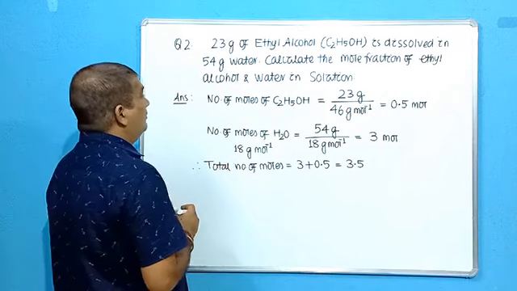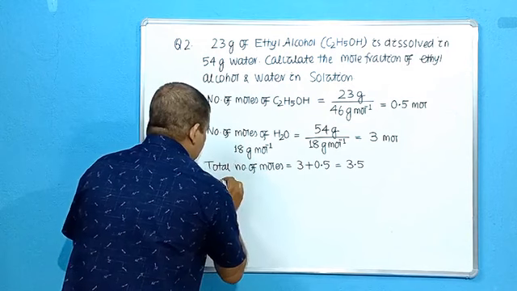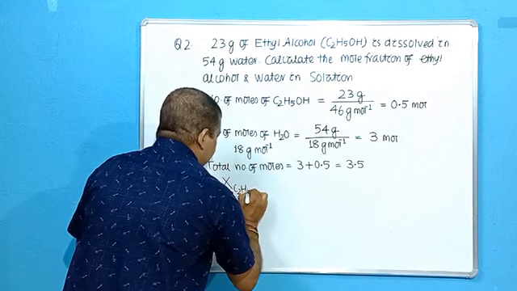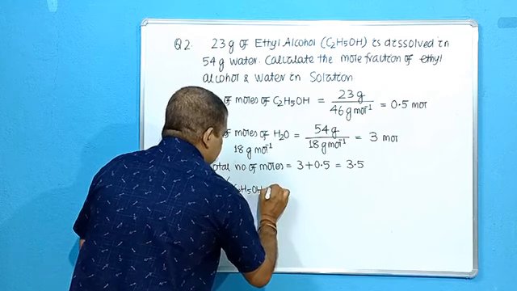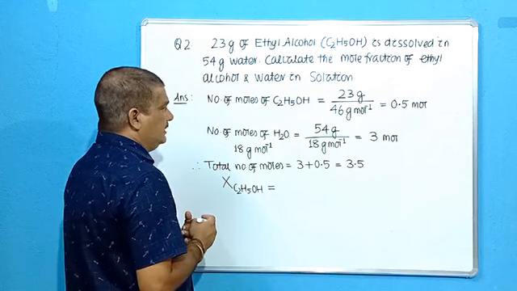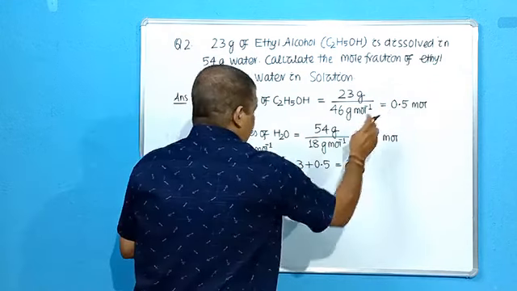Then we will find out the mole fraction of each component. So mole fraction X of C2H5OH will be how much? Now number of moles of C2H5OH or ethanol, there is 0.5.